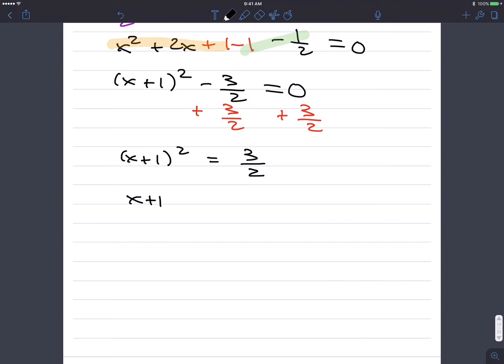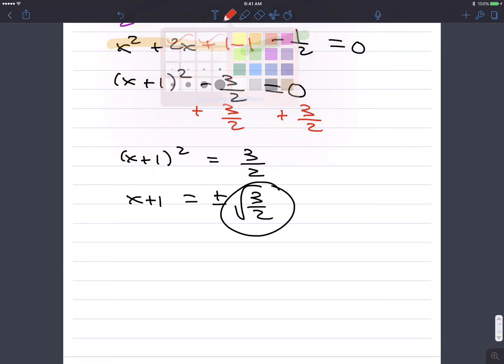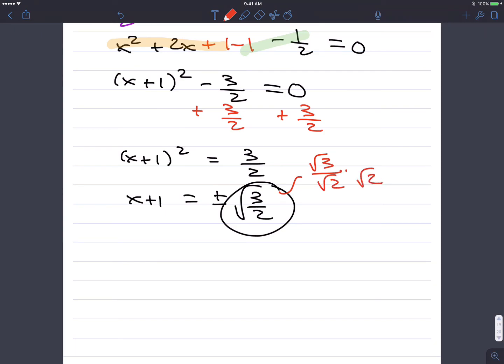That means x plus 1 is plus or minus the square root of 3 over 2. Here's a radical we have to handle. We have to rationalize the denominator because the square root of a quotient is the quotient of square roots. We get the square root of 6 over 2.